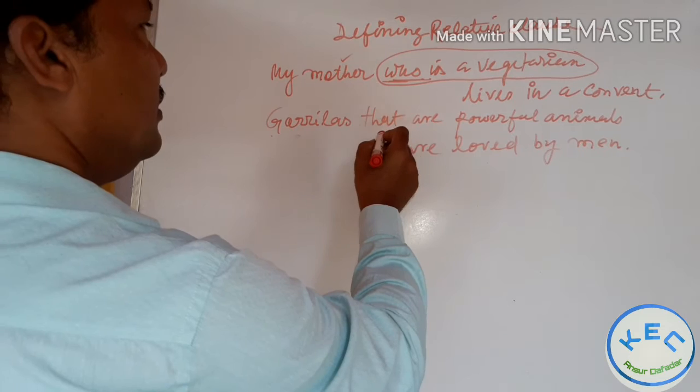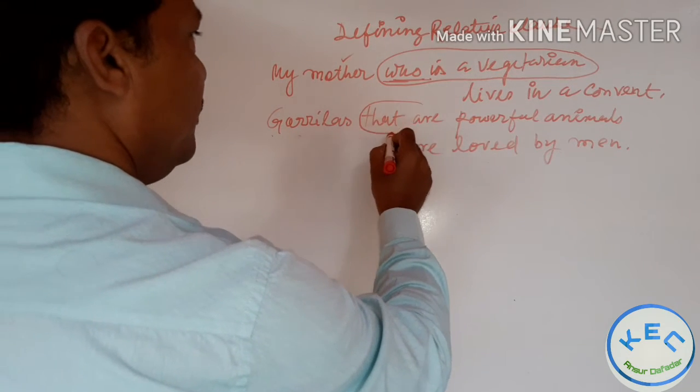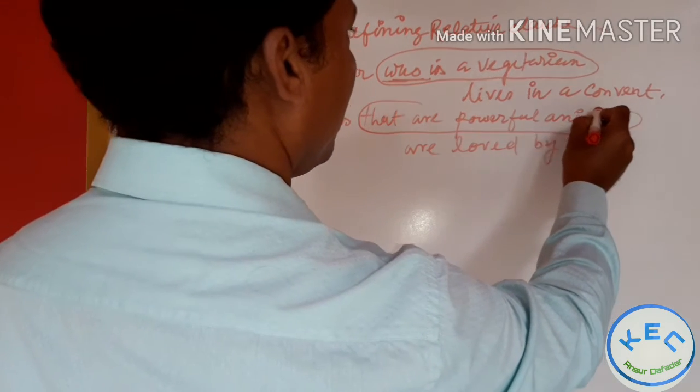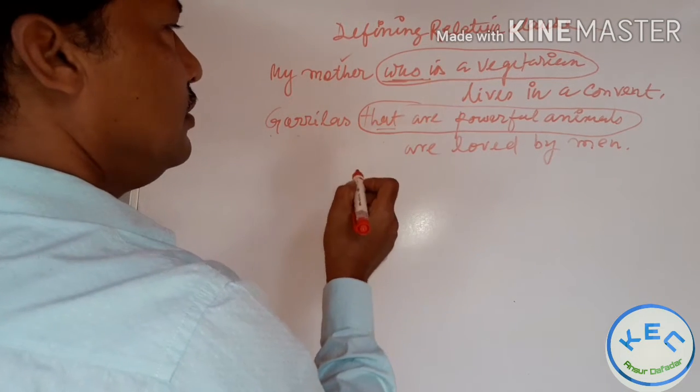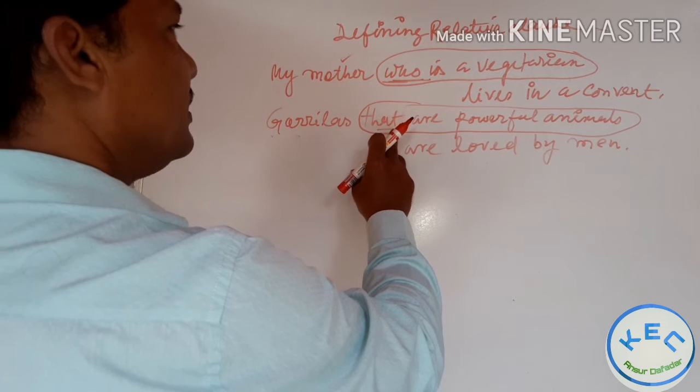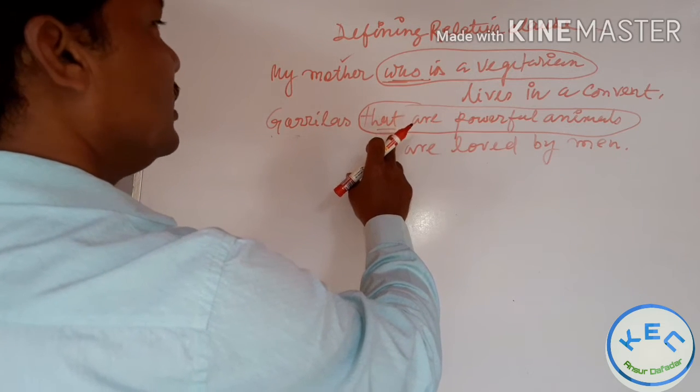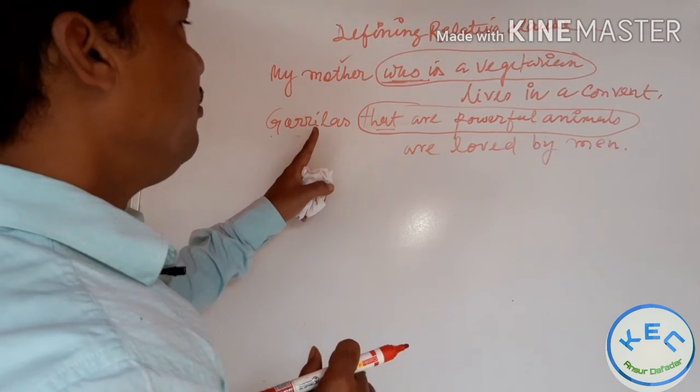Here we find this relative clause, and this relative clause gives information, special feature of gorillas.